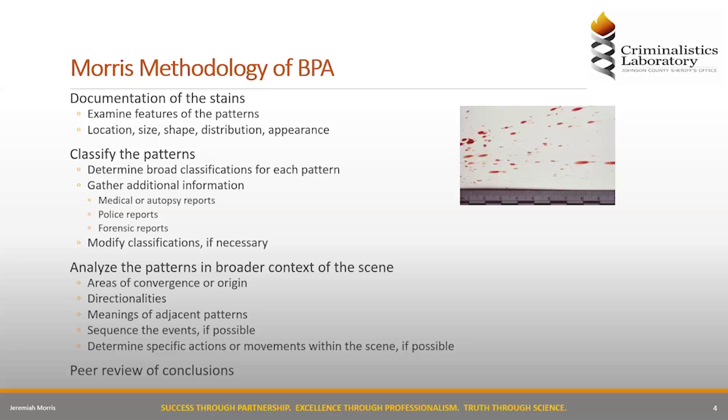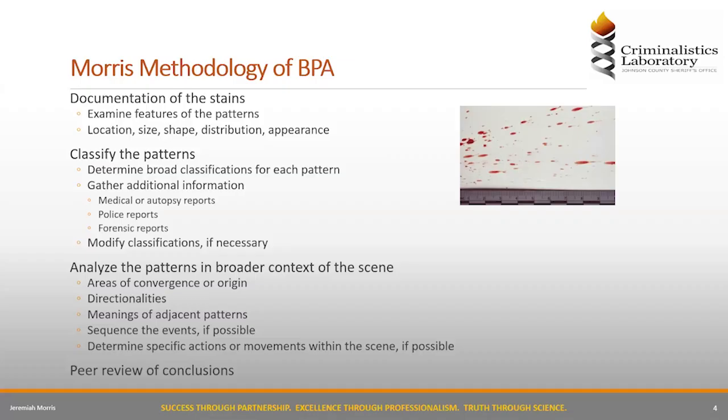And then the last step that I always use in my process is the peer review of the conclusions, or the technical review. So this is the process that I use, and you can look through the slide and see how I break down the individual steps. The documentation of the patterns: the size, shape, distribution, appearance, and location. And then once the bloodstains tell me their own story through their features, I start the classification process.